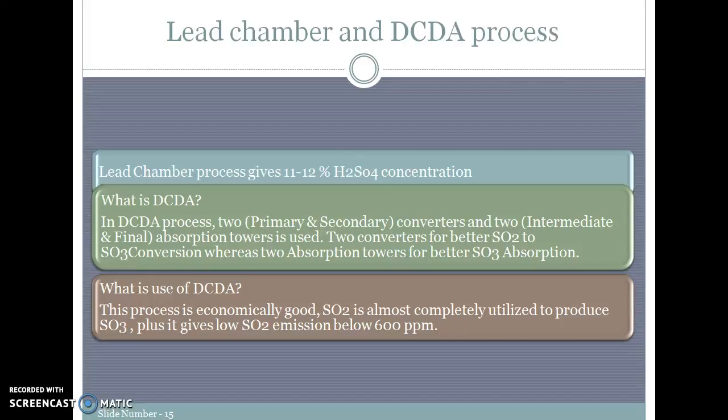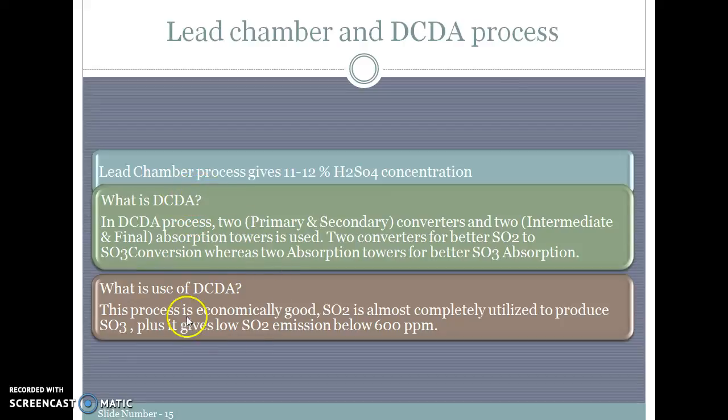Then, as the maximum amount of SO3 is absorbed, the 4th converter is used to convert the remaining SO2, favoring the reaction toward the right hand side, as there is very little or no SO3 on the right hand side. So the second advantage is that there is a second absorber.